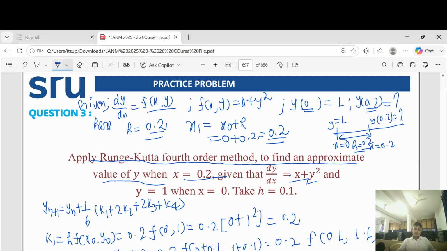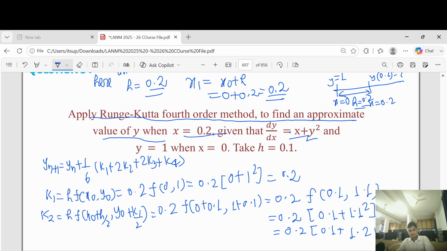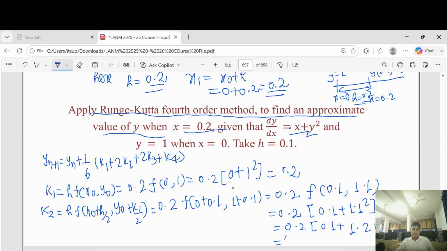This becomes 0.2 times 0.1 plus 1.1 whole square, which is 0.1 plus 1.21, so 0.2 times 1.31.